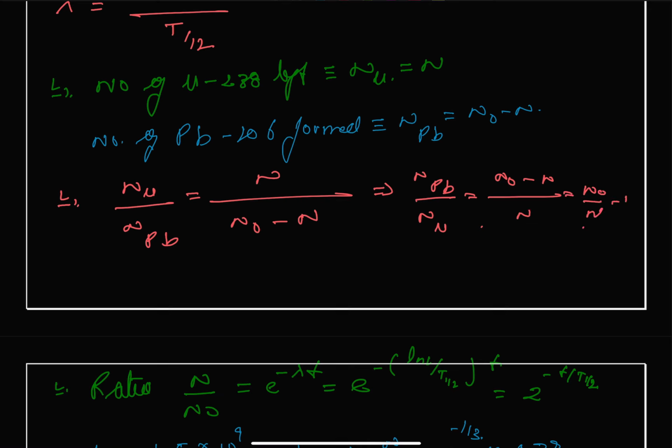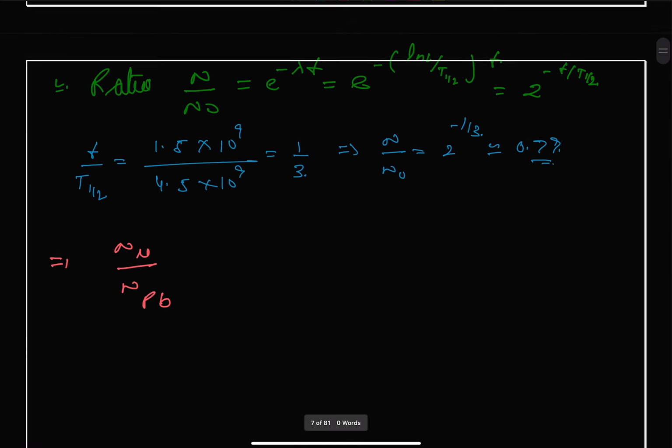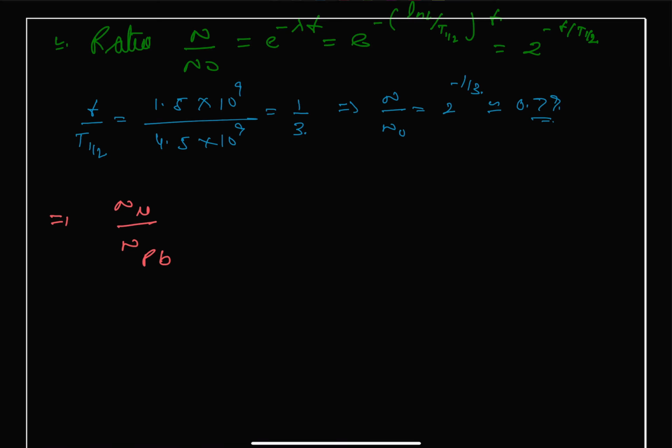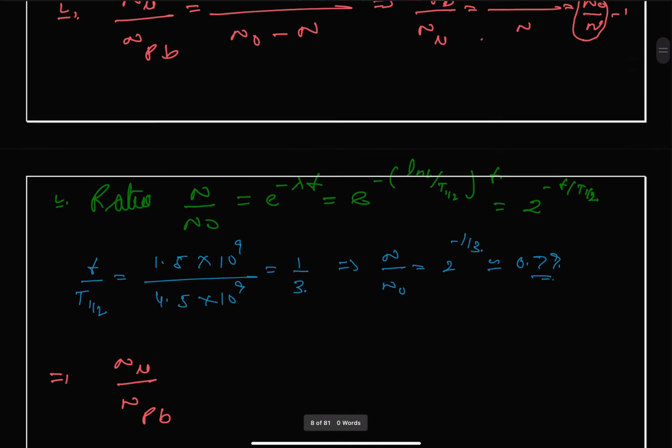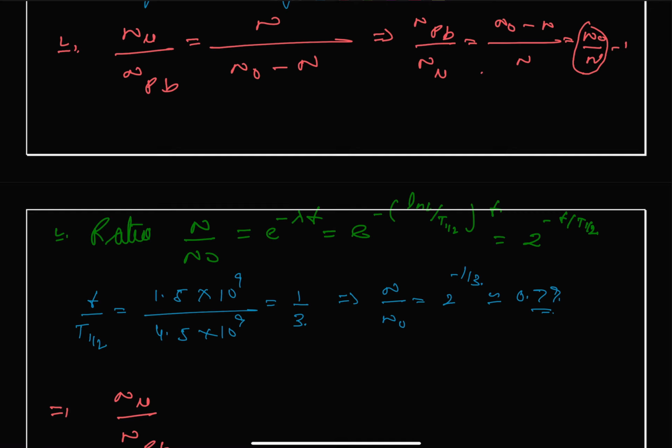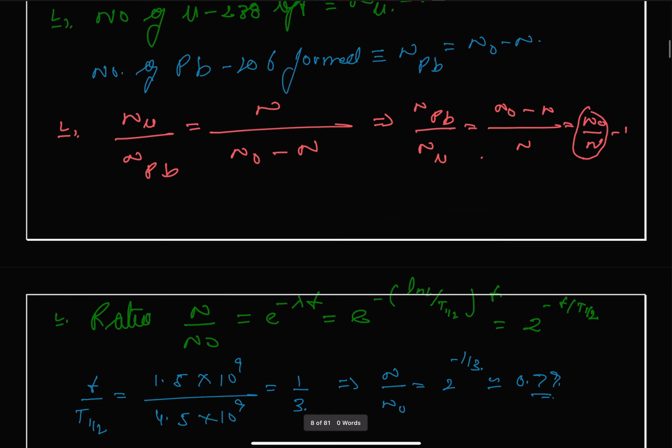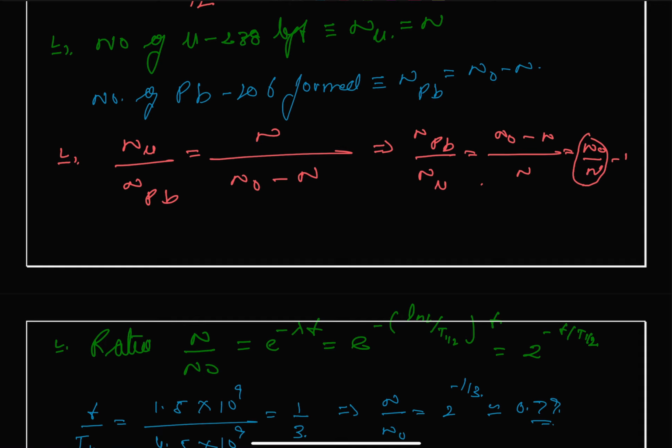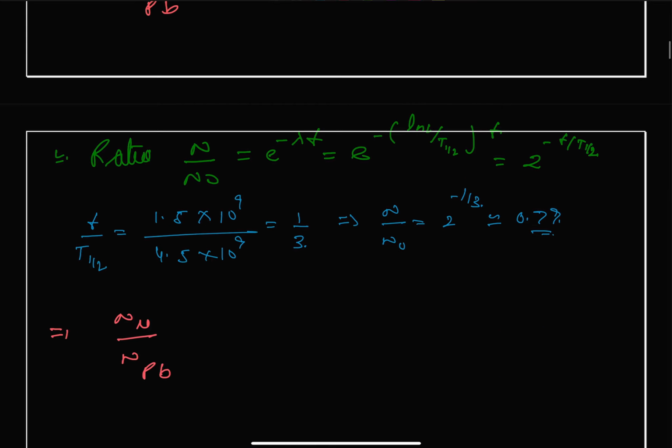So we just found the ratio N naught upon N. One second, is it correct? N upon N naught, this is correct.